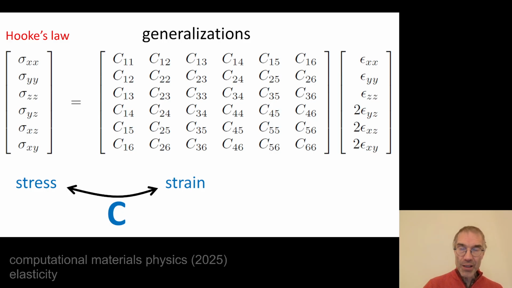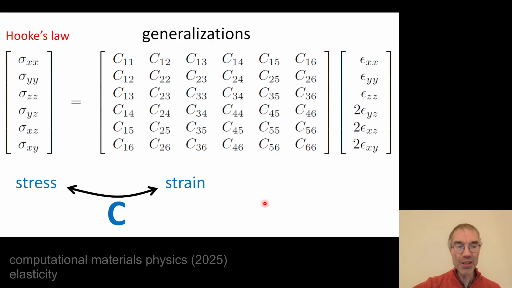With these generalizations to 3 dimensions, we can write the relations that we established in one dimension in the following way. The connection between strain at one hand and stress at the other hand is given by this 6 by 6 matrix of elastic constants.